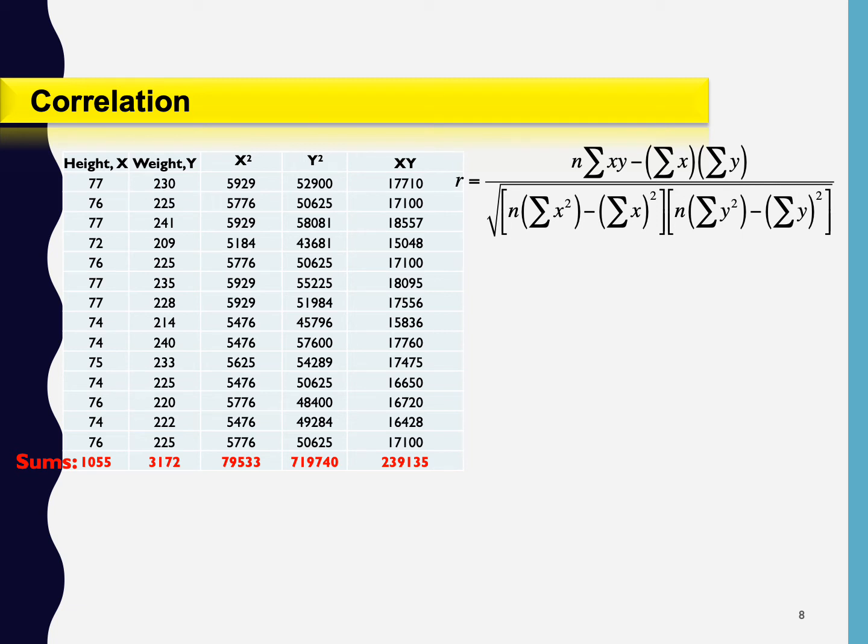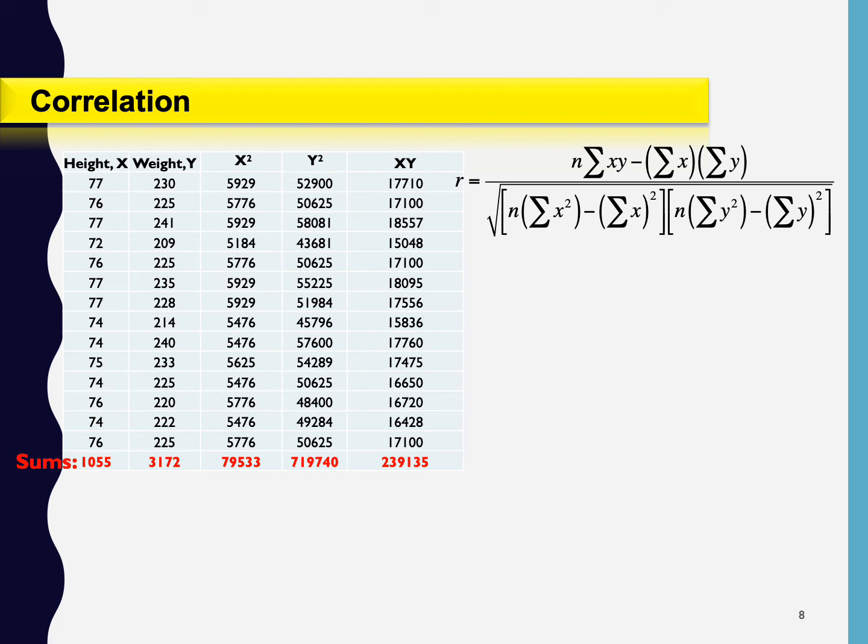So n is 14. Then we need the values of x multiplied by y. We need to create a new column where we get the product of the height and the weight, and then get its sum. Also, we need the values of x squared and y squared, so we create other columns for x squared and y squared and get the sum of the values.